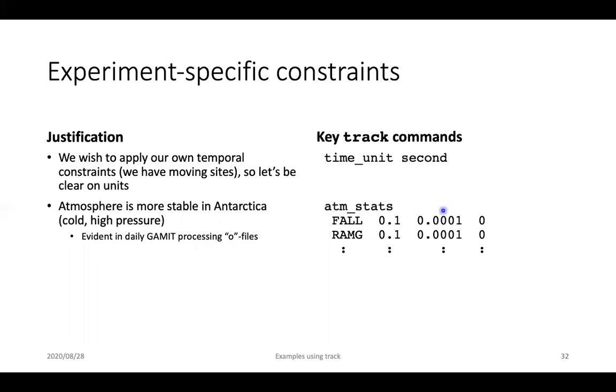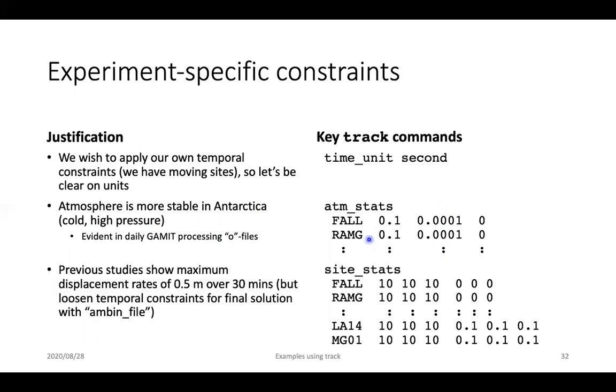So we can constrain the atmosphere here to not change very much with time. And remember, I think meters per second squared is the unit here, and we've declared that the time unit is seconds. So that relates to these numbers here. Previous studies have shown that the displacement rates are about 0.5 meters over about 30 minutes.